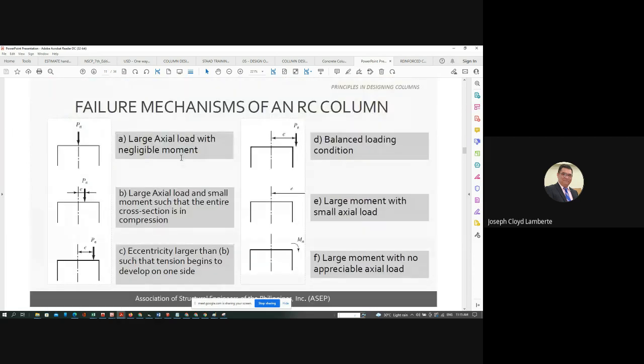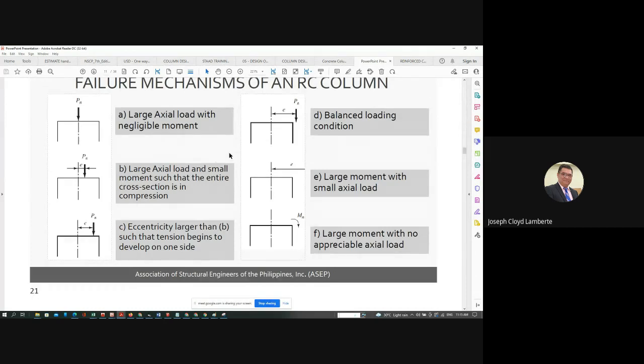Failure mechanism of reinforced concrete column. First, large axial load with negligible moment. Second, large axial load and small moment capacity such that the entire cross section is in compression.